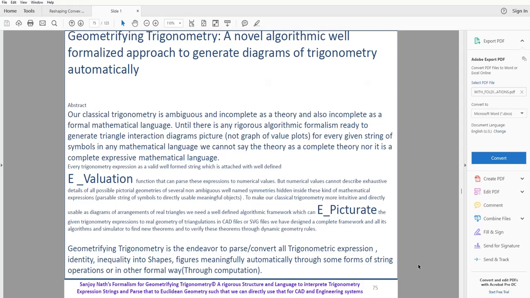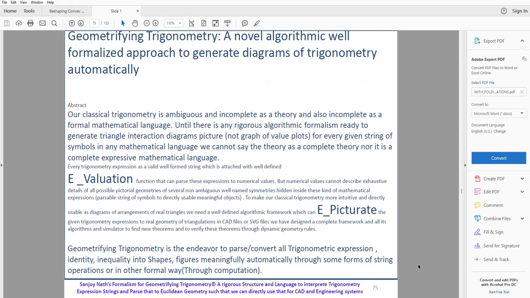Sanjoy Nath had to design a new kind of operators also, to make things non-ambiguous. Sanjoy Nath had to design the operator precedences also, like the division has to be done first, then the bracket. Division has 4 types of options, multiplication has 4 types of options, plus has 4 types of options.